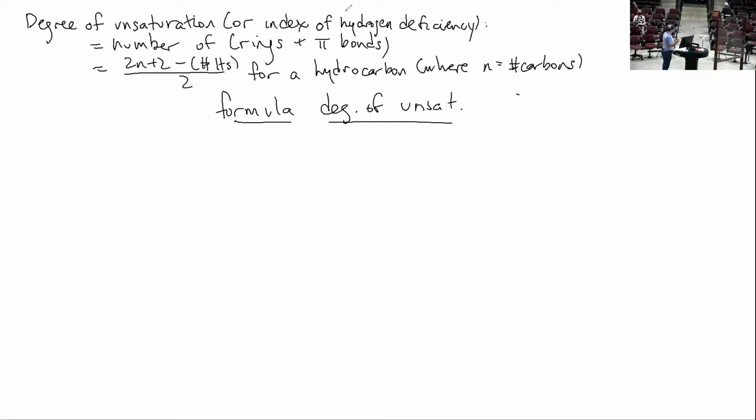That's the best you can do. But it's still, as you'll see, quite a bit of information. It really limits the possibilities. And the reason that this definition holds is because every time you form a ring or a pi bond, you need to take away two hydrogens in order to do that. And I think you can see that's the case.